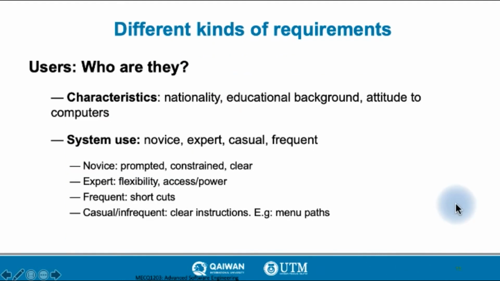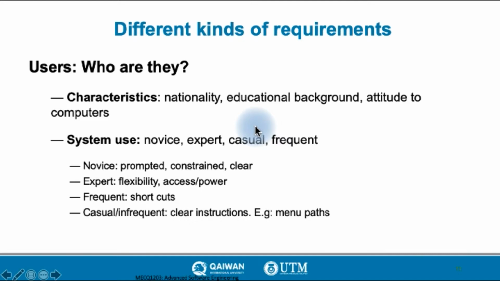When I get data from the users, I should know who the users are. There are different kinds of requirements. Who are the users? I should know their nationality, for example, educational background, and attitude toward computers. I should know the age, gender, like the demographic part about the user.